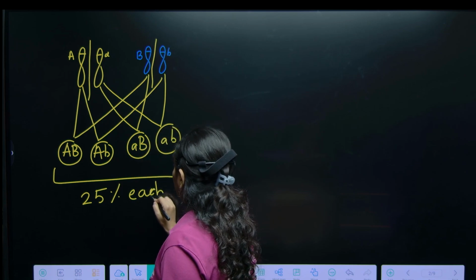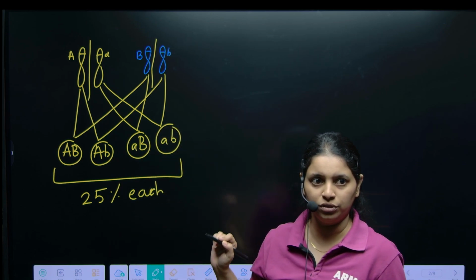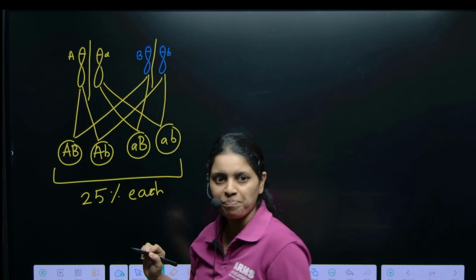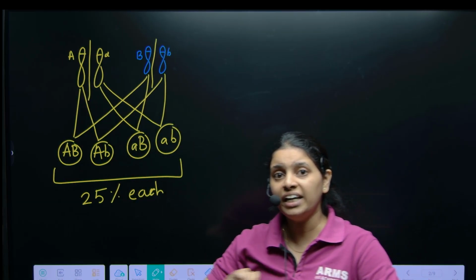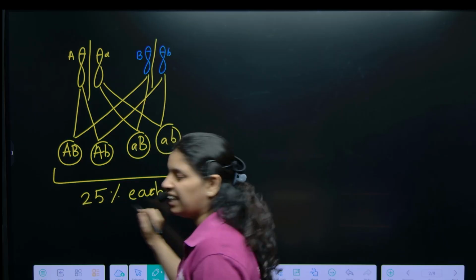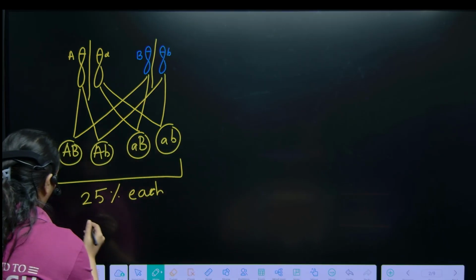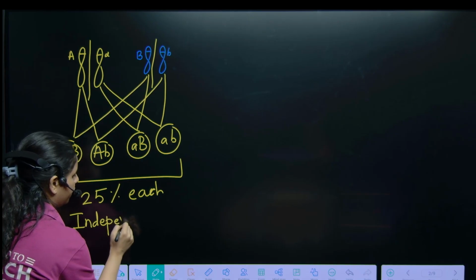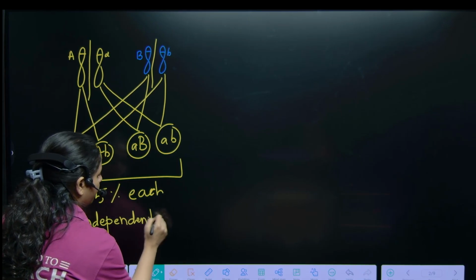Okay, this is the gamete distribution. Now here as the gene pair A and B are getting assorted independently, simply this is explaining the law of independent assortment.